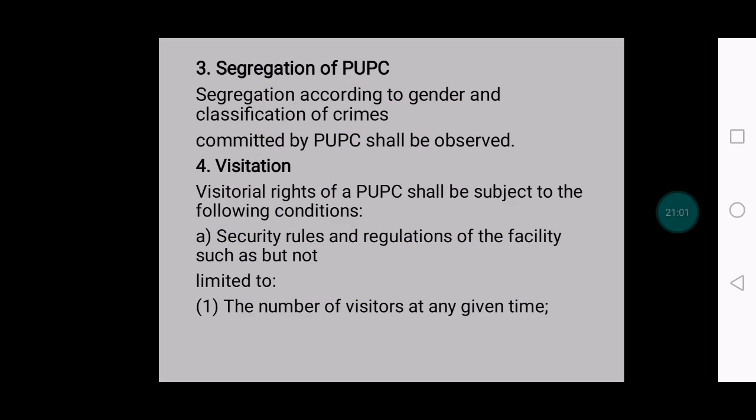Number 3 is segregation of PUPC. Segregation according to gender and classification of crimes committed by PUPC shall be observed.